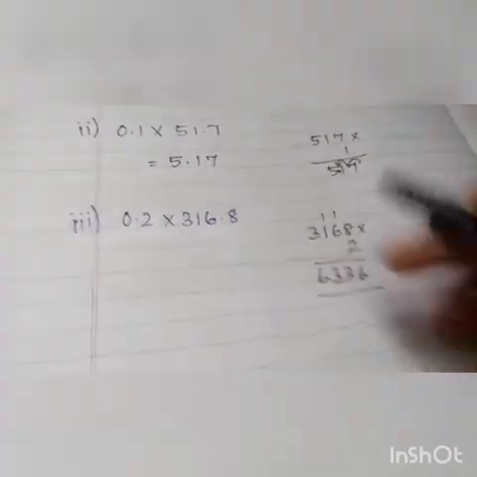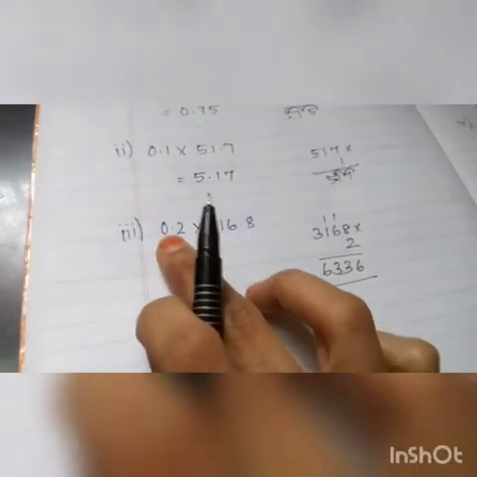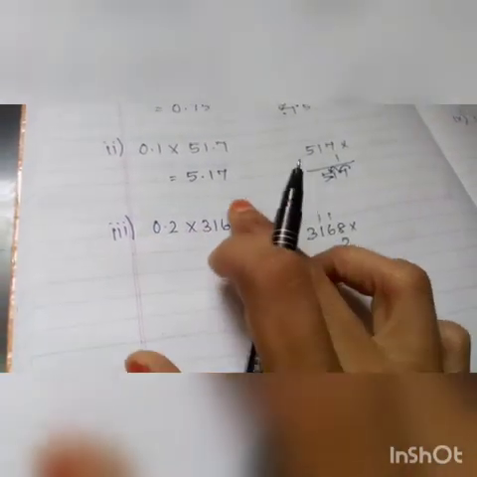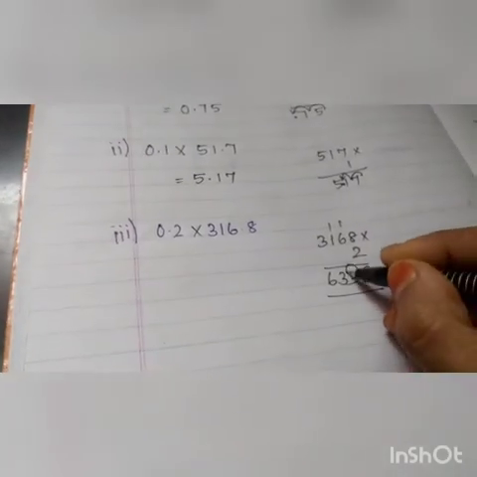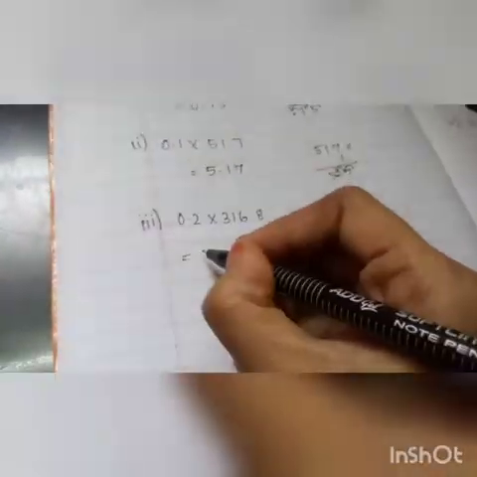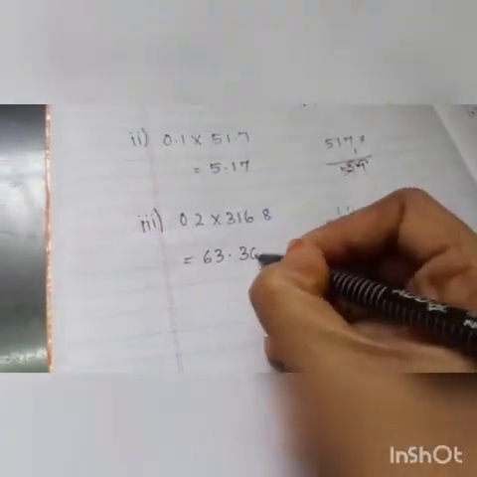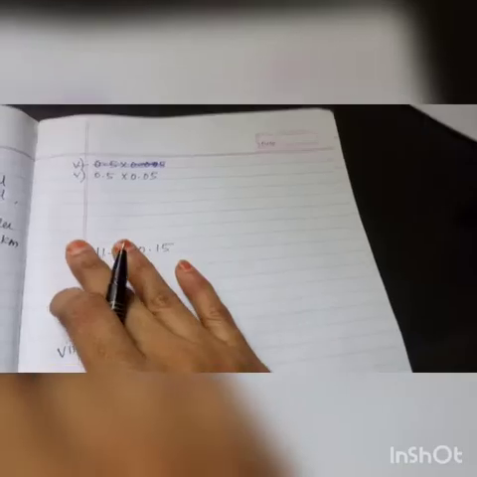So what is the answer after just multiplying? 6336. So decimal point 1, 2. Totally 2 digits are there after the decimal point. You will keep the decimal point here. So what is the answer? 63.36. Understood, children? Next is your fifth question.